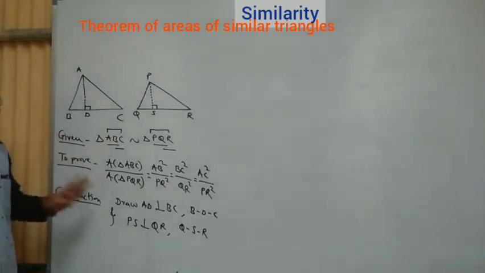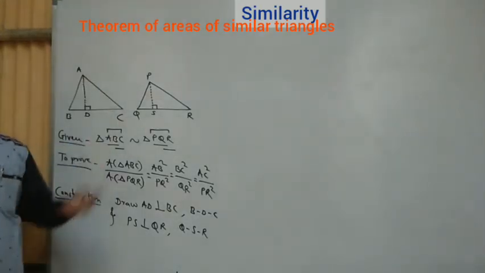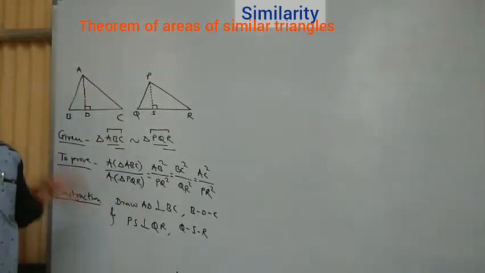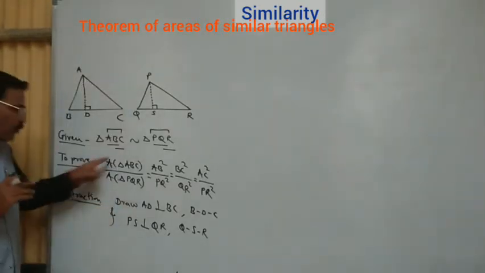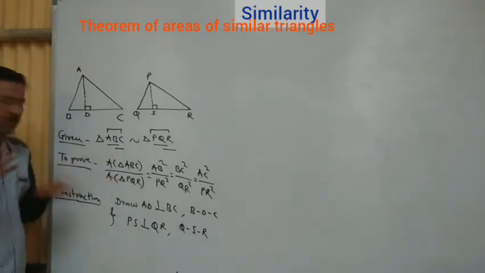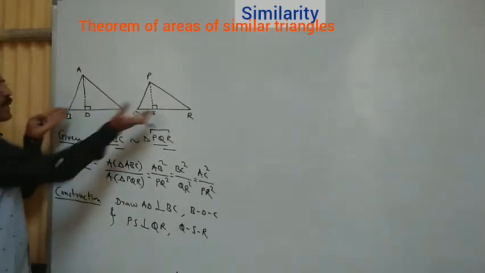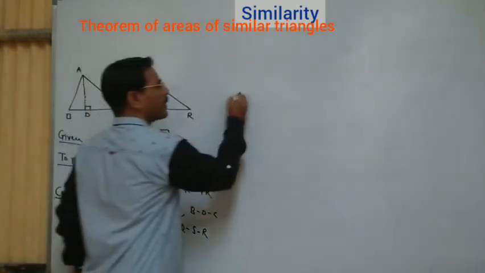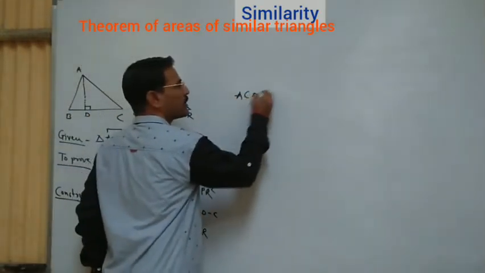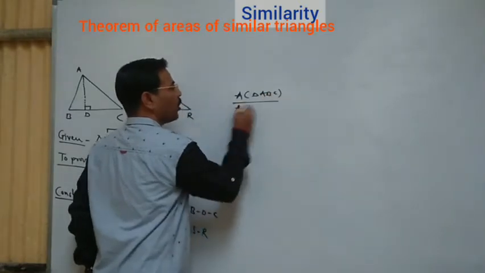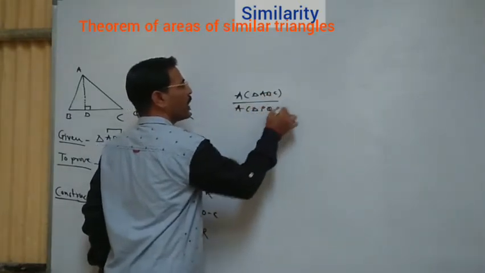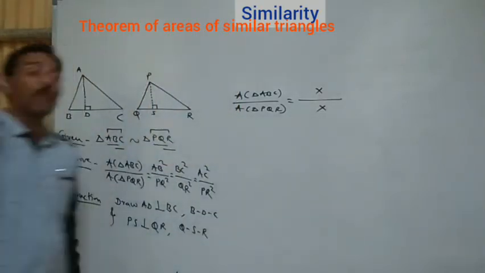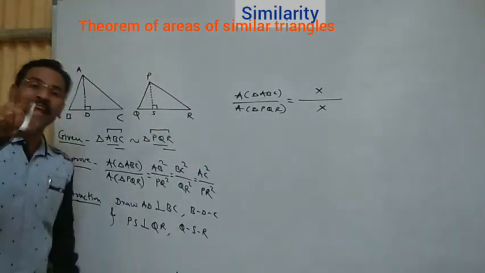Now, look here. I'll first explain how we are going to prove this, and then we'll write the steps one by one. Okay, see first. We need this part. We already know these two triangles have different bases and different heights. Means as our property number 1 tells us, area of triangle ABC upon area of triangle PQR is equal to the products of their bases and heights.